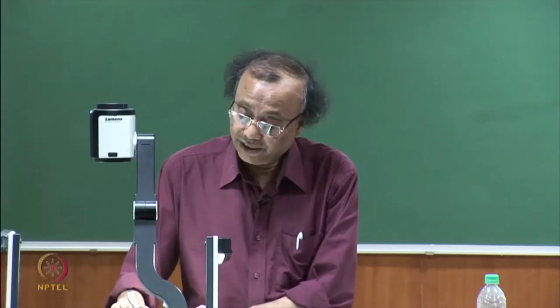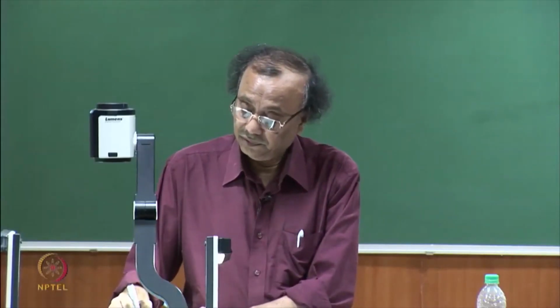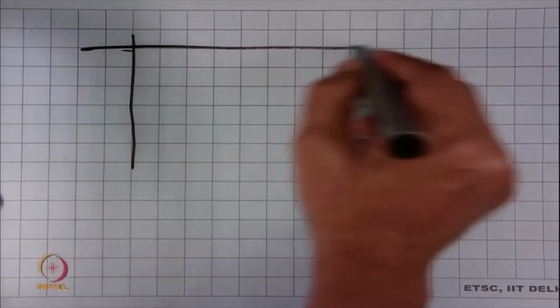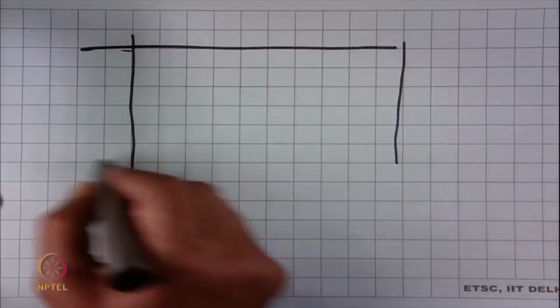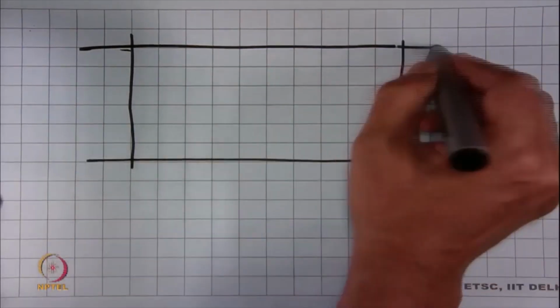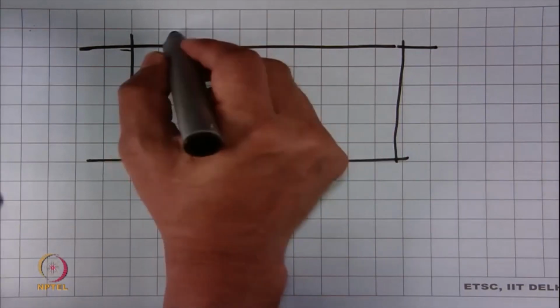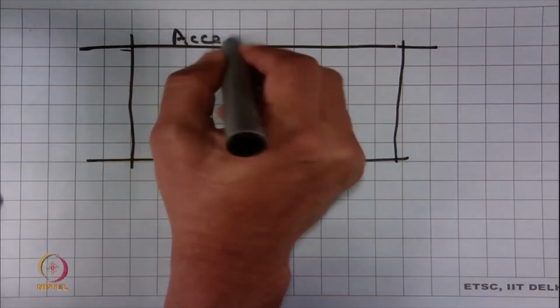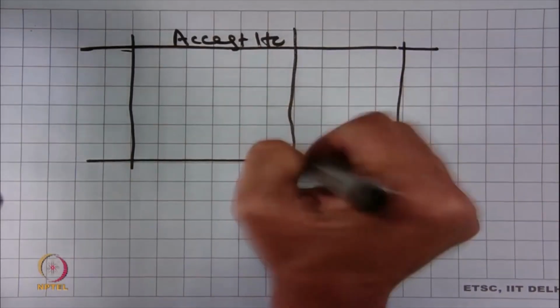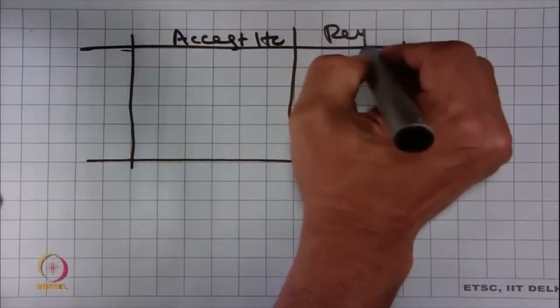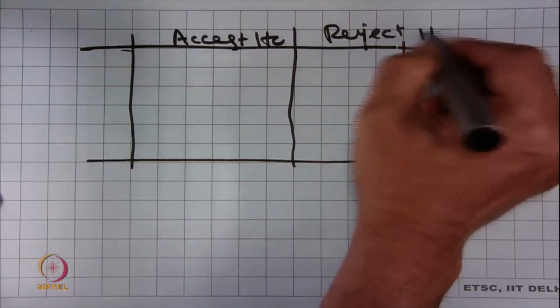So, you get this type of table: accept H naught, reject H naught.